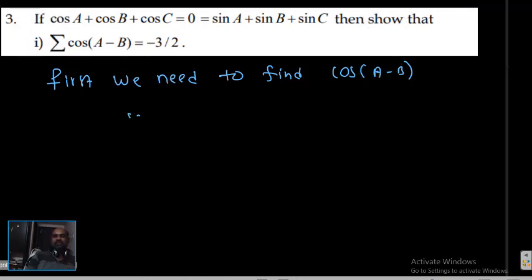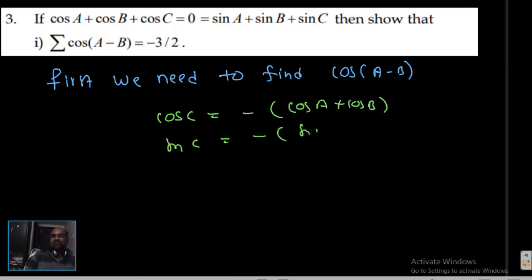Here cos c equals minus of (cos a plus cos b), and sin c equals minus of (sin a plus sin b). So this is 1, this is 2. Cos square c plus sin square c is 1 only, but I don't want c, I want to eliminate c.